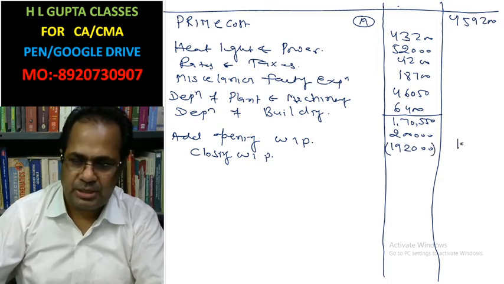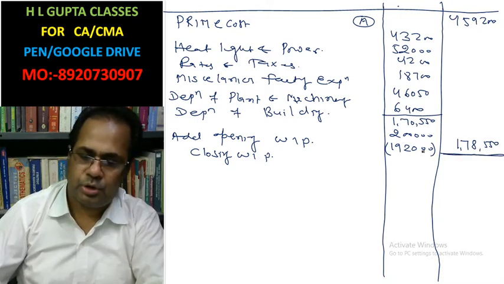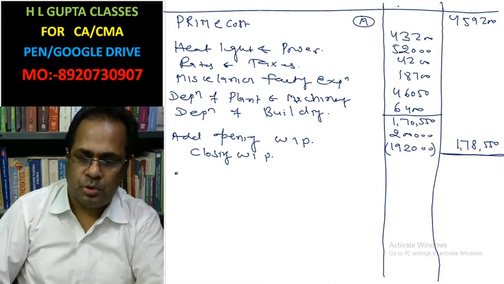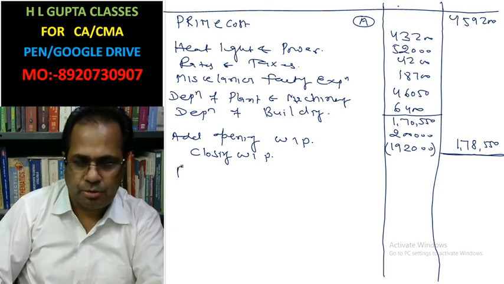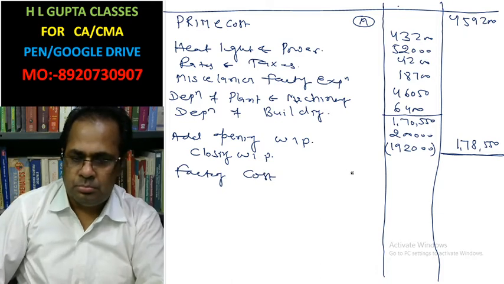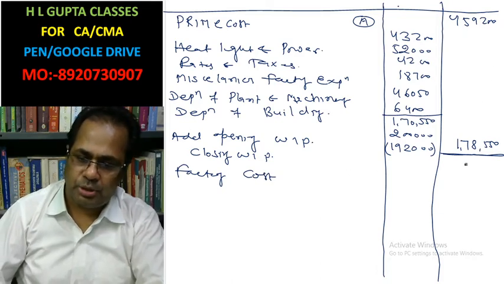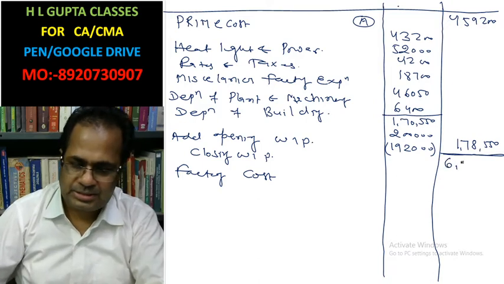After this you will get 1,78,550. This is your total factory cost or work cost. Factory cost: 4,59,200 plus this is 6,37,750.